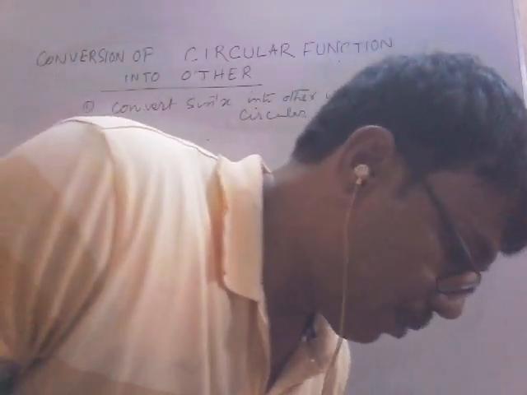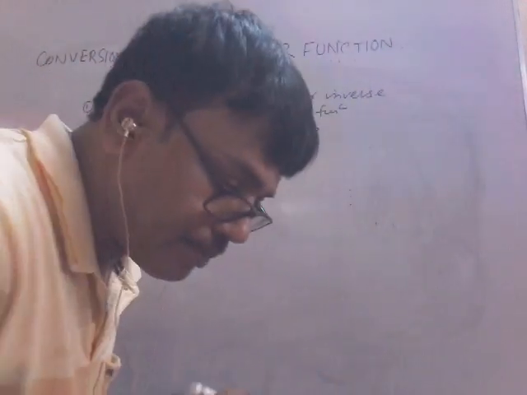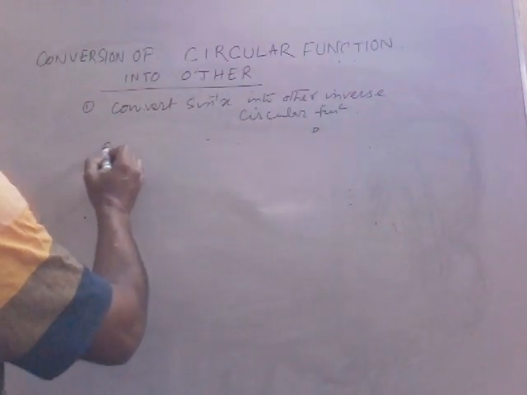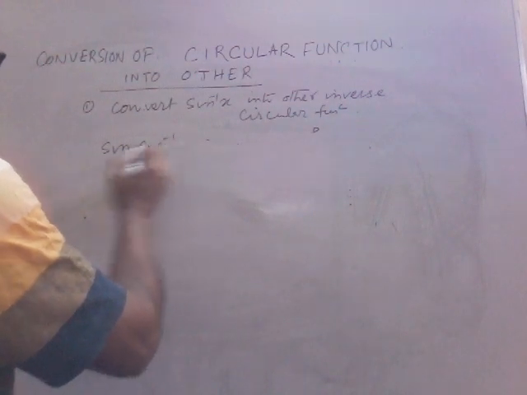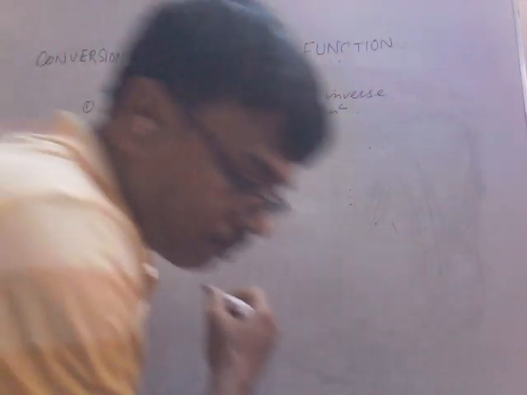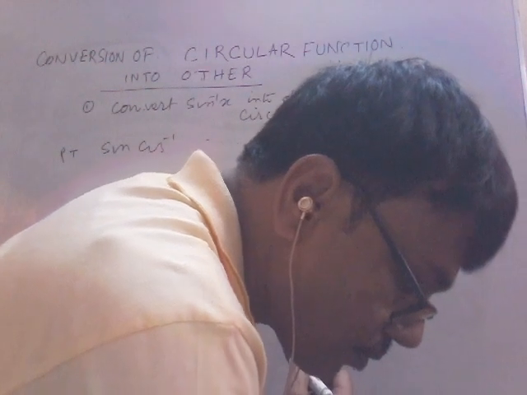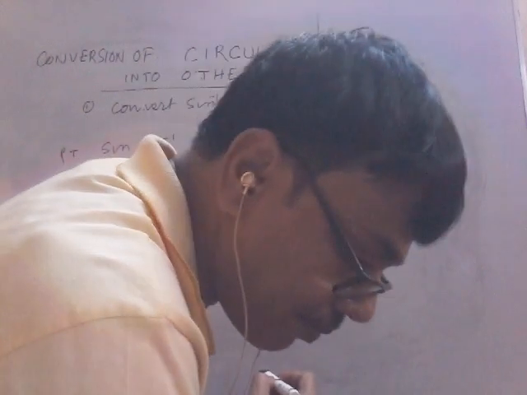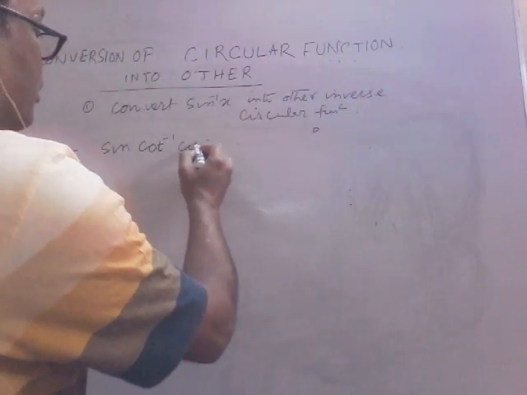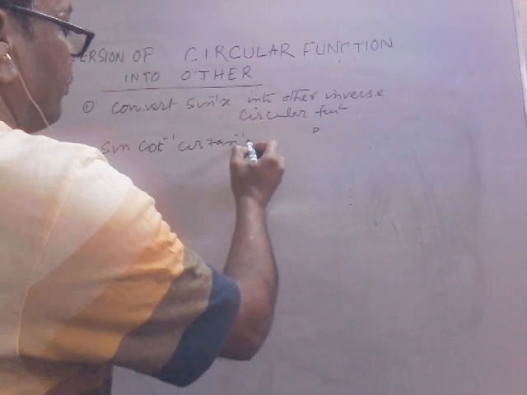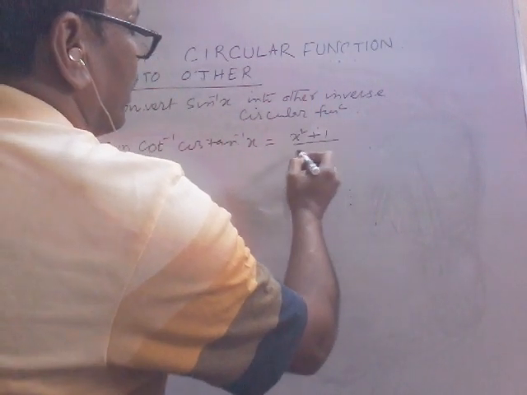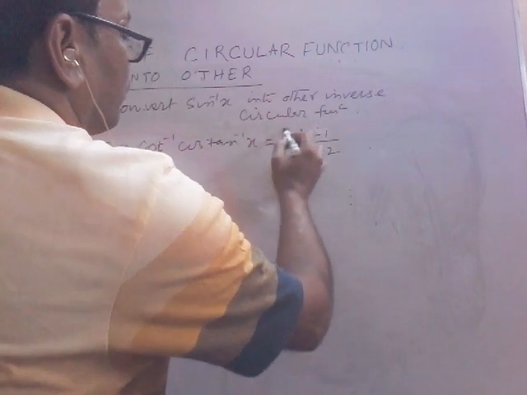At 5 minutes. Prove that sin(cos⁻¹ ... ) sin(cot⁻¹ ... ) cos(tan⁻¹ x) = √((x²+1)/(x²+2)).